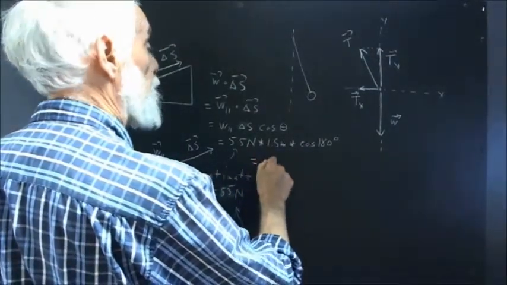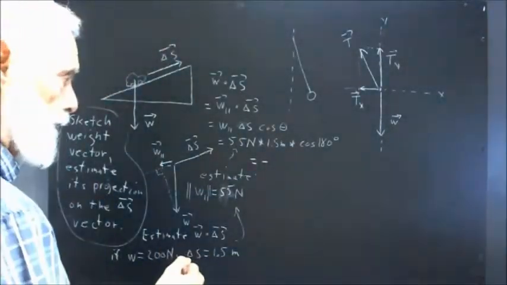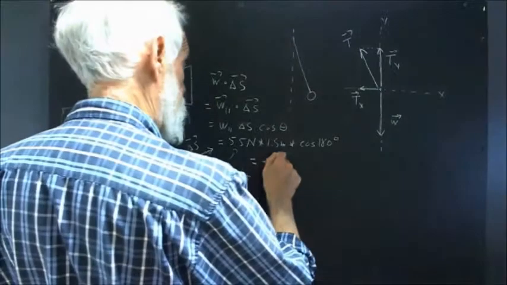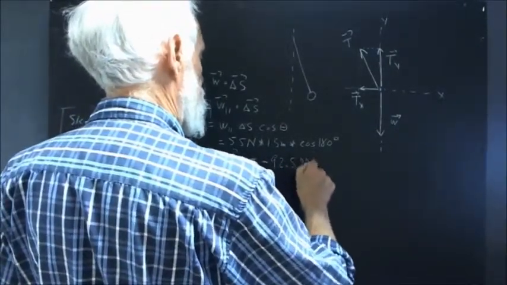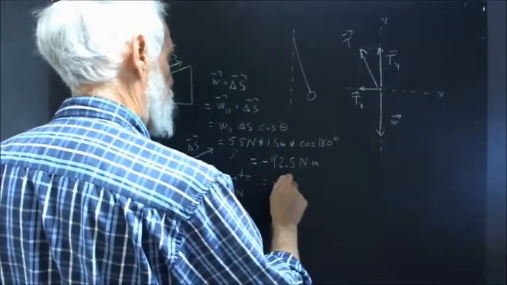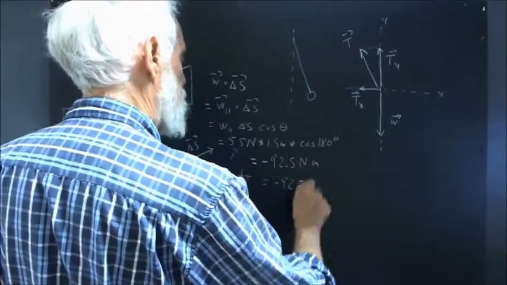And that's going to equal negative, and let's see, half of 55 is 27 and a half. We add that, we get 92 and a half newton meters, or negative 92.5 joules.